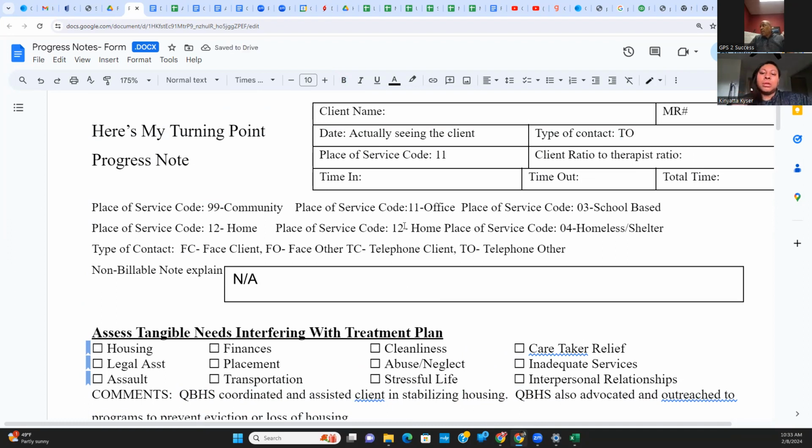Client ratio to therapist, 1-on-1. Time in, say I started the call at 8 o'clock. Time in will be 8 a.m. That's the time out.